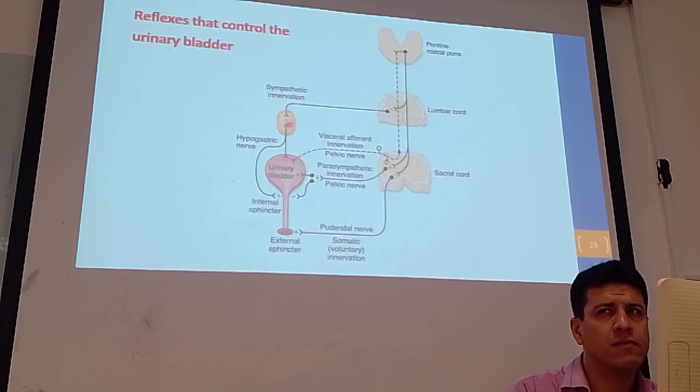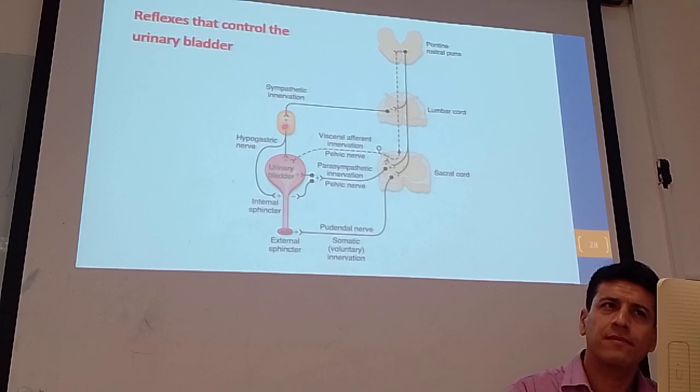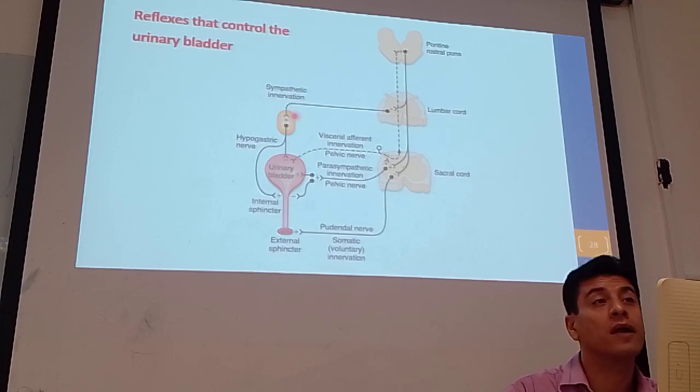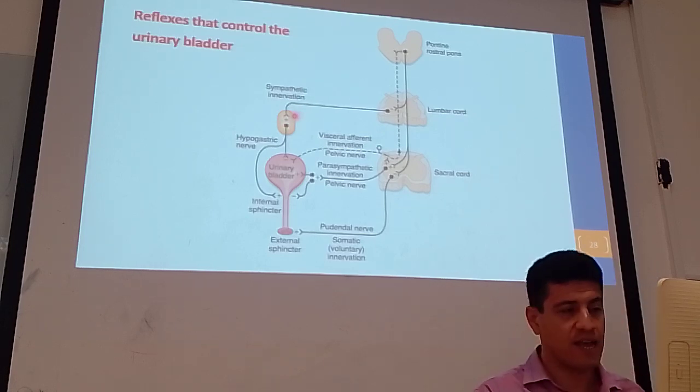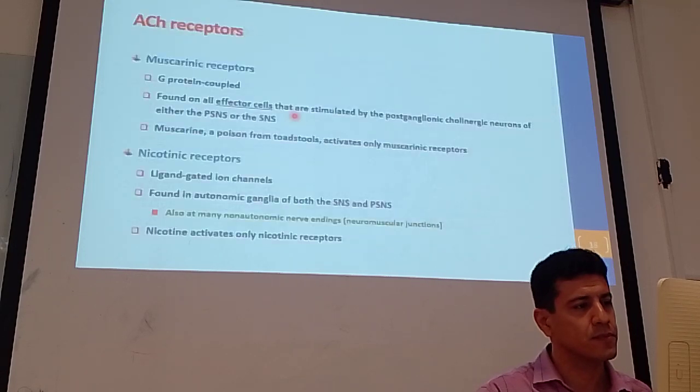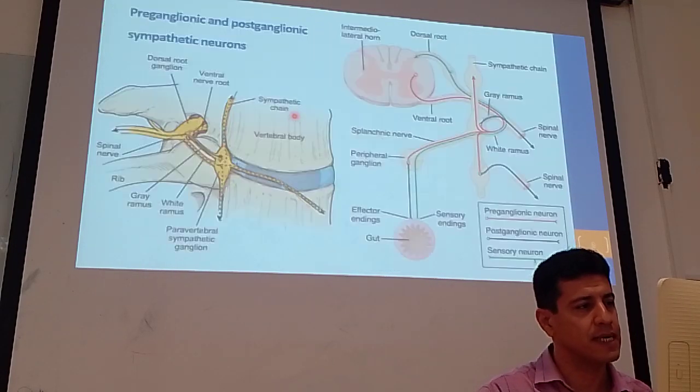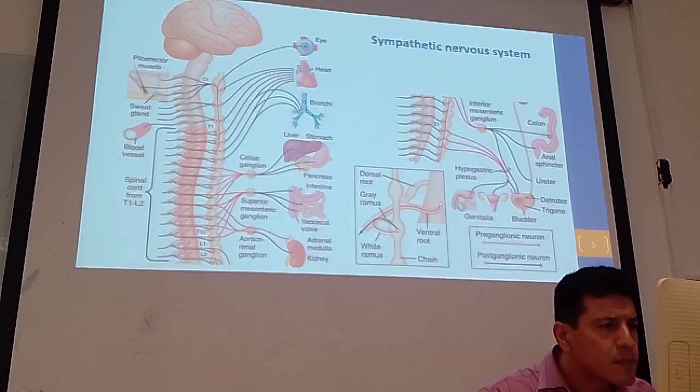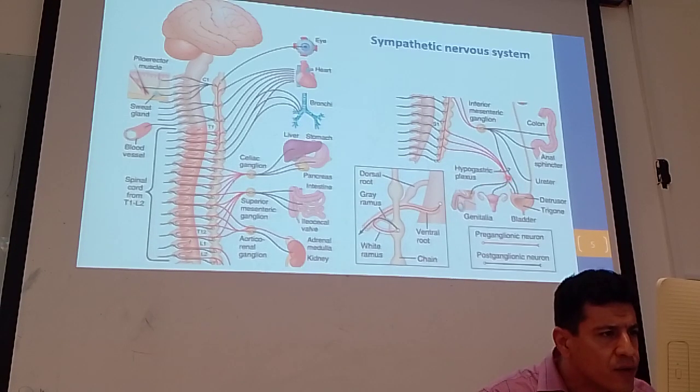inferior mesenteric. No? Inferior goes to the intestine. So you know the anatomy. So they go to maybe the hypogastric, I don't know. So we have it here, no? So let's remember it here. This one, hypogastric plexus.